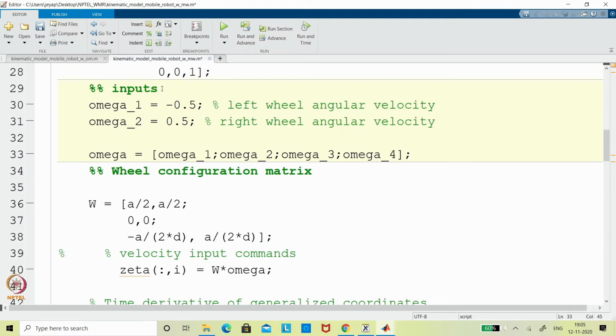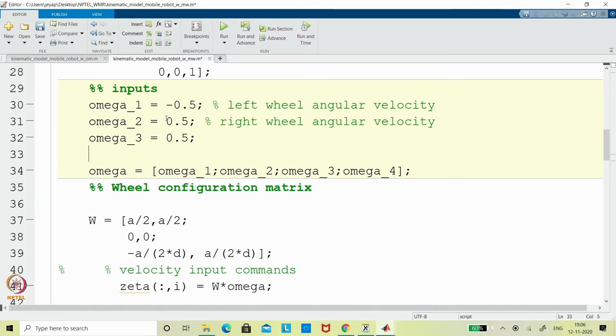Obviously you have to see the left, right and all. I am not writing that way, just for my understanding I am writing omega 3 equal to 0.5. Probably I can take all the things the same at the initial, okay.